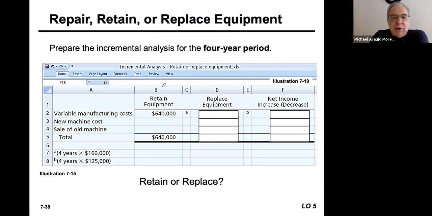Certainly if they retained the equipment they have now, they would still need to absorb quite a lot of manufacturing costs, specifically 160,000 per year for 4 years.